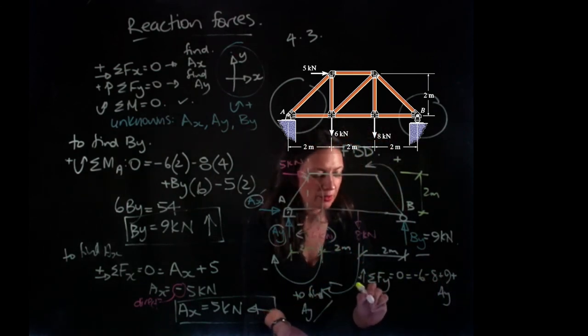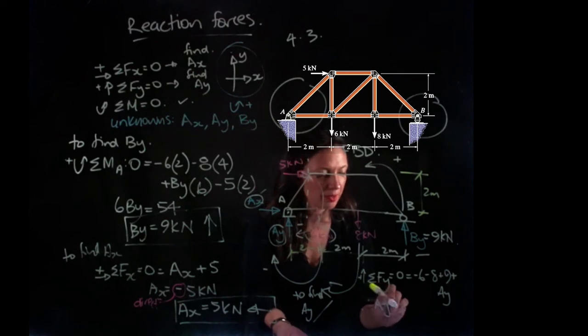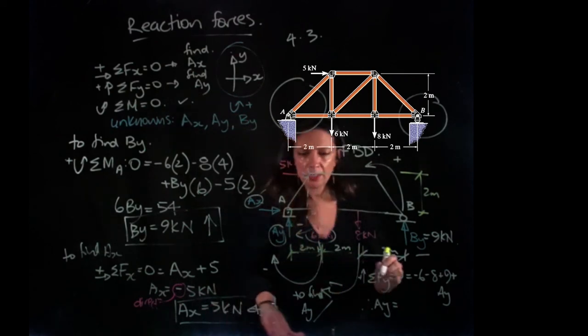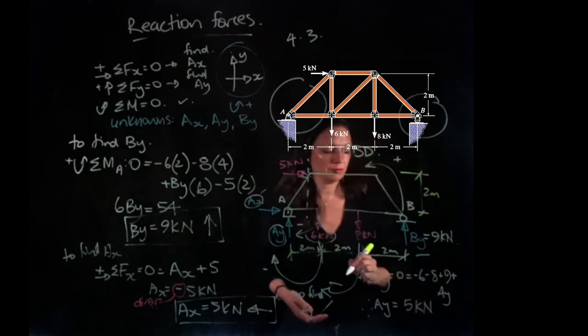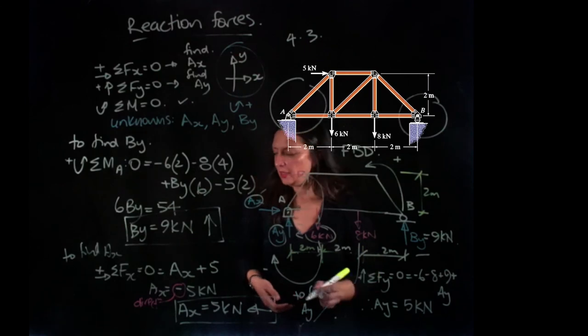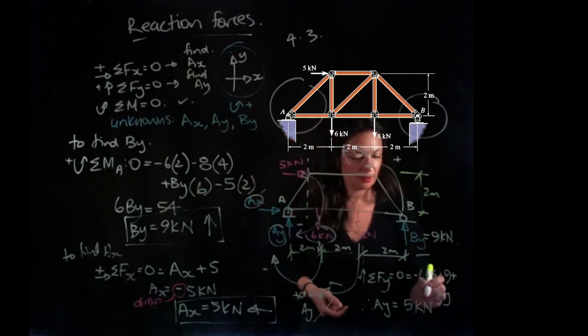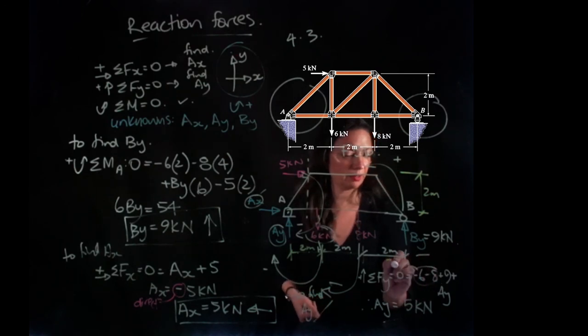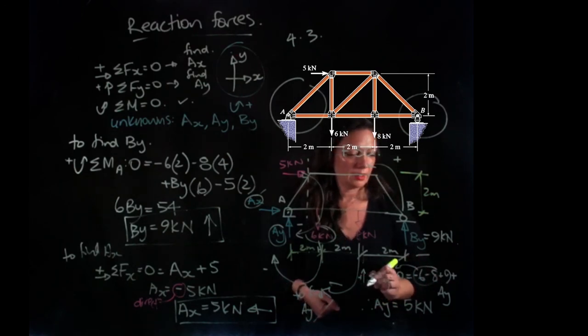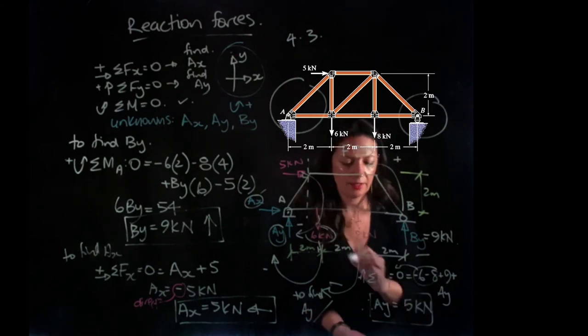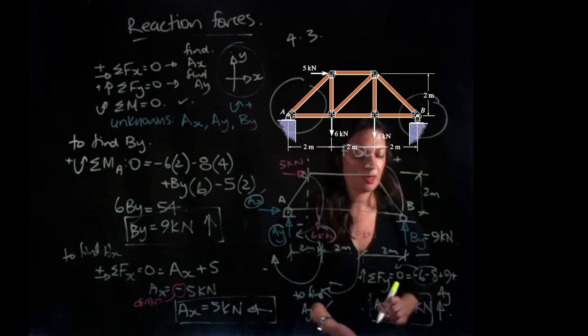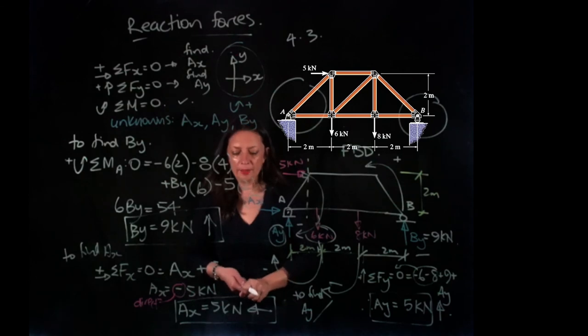So therefore, AY is going to be 5 kilonewtons. And it's going up. So that's 14. We bring that over there. And it's 5. So we're going up. So there we have it.